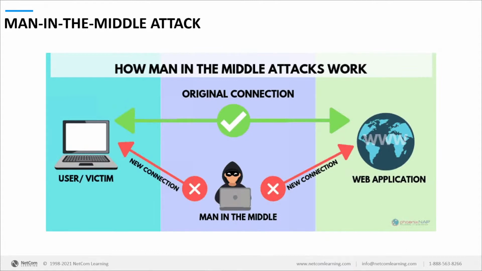The man-in-the-middle attack happens in many, many ways. Right here is just an example of someone in the middle of a connection between a web server and a user. This could happen, say, at Starbucks. Sometimes they call this the evil twin. You connected to what you thought was the Starbucks Wi-Fi connection, and you actually connected to someone sitting there with a laptop that's got both a connection to the internet and he's transmitting.